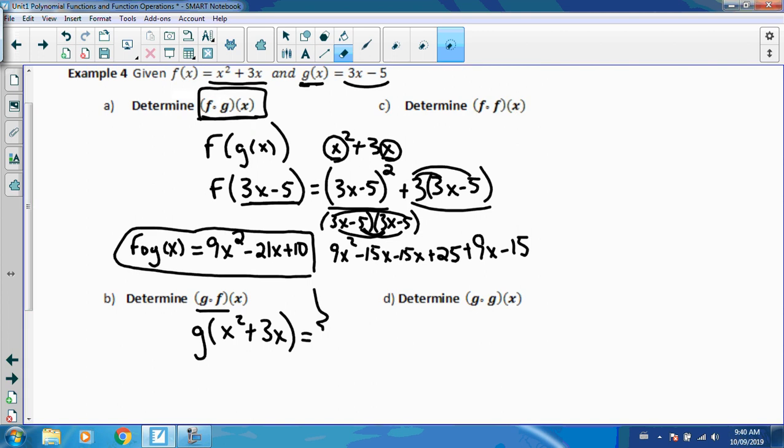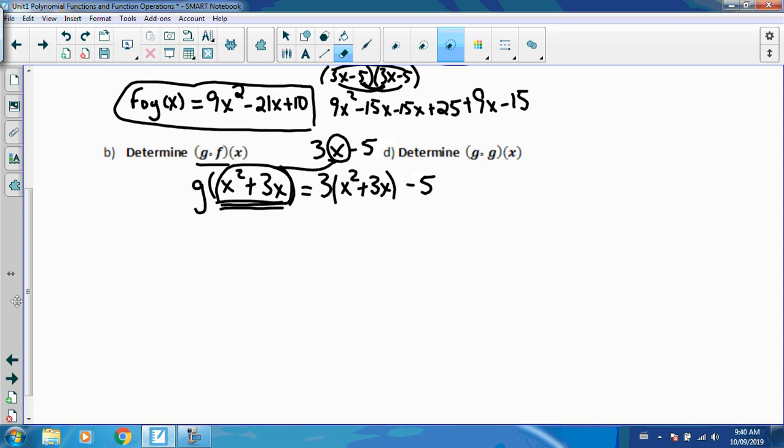Let's look at that. So originally my function is 3x minus 5. So anytime I see this x, I'm going to replace it with what I have in the brackets. In the past, that was always a number. Now it's a whole function. So 3 times x squared plus 3x, this goes in for x there, brackets, minus 5.